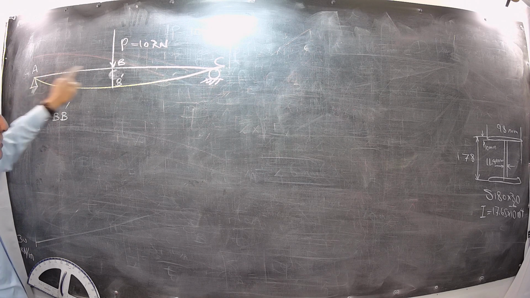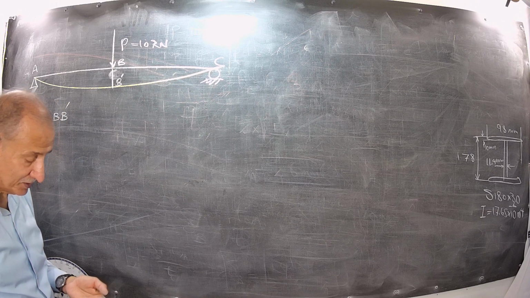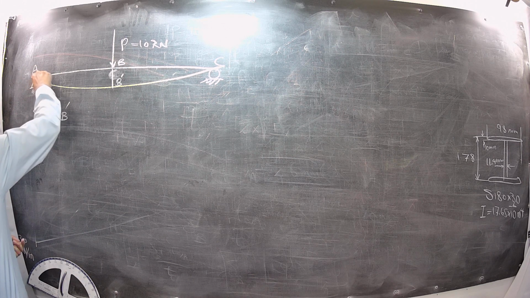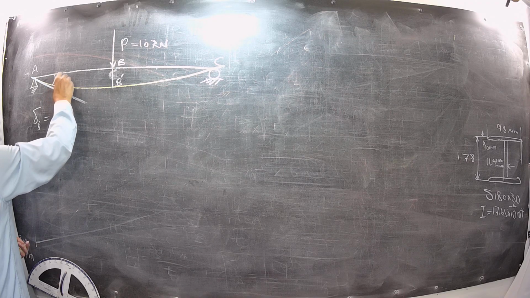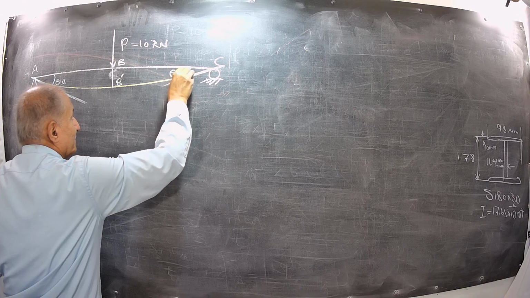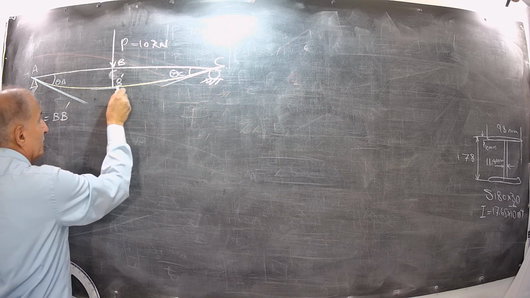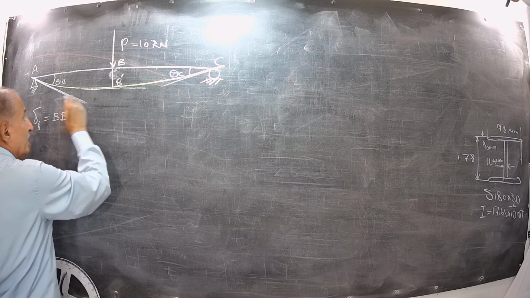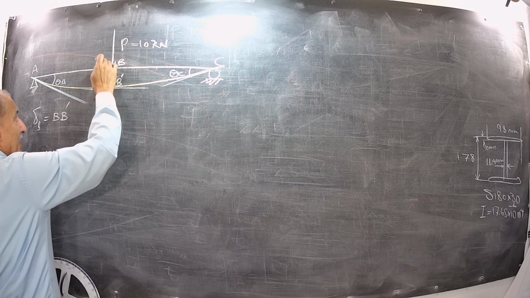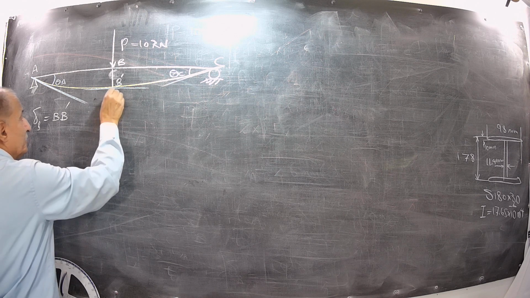Deflection at A is 0, deflection at C is 0, but look, a slope here is not 0. Okay, if I draw a tangent at A, that's the slope at A, theta A. If I draw a tangent at C, that's the slope at C. And if I draw a tangent at B, based on the loading conditions here, this tangent is parallel to the original configuration of the beam and there is no angle between that and the original shape, then it means that theta B here is 0.